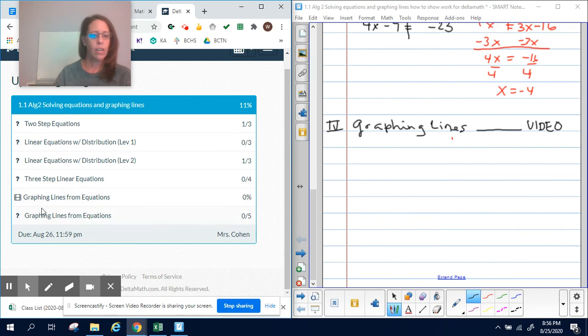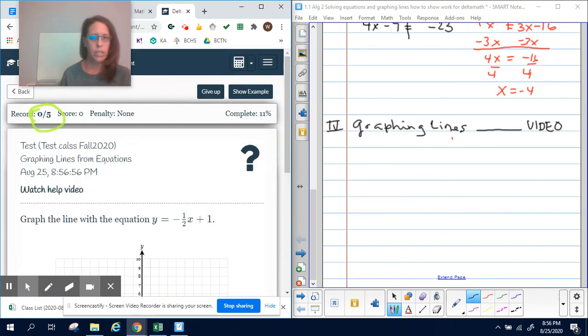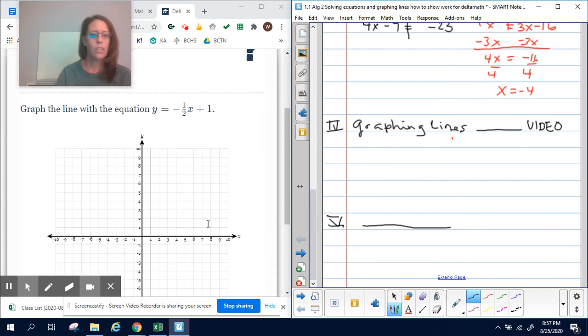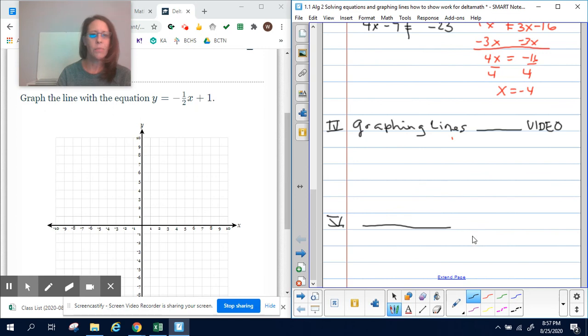Last thing I'm going to show you, this very last topic is going to be considered topic 5, so section 5, and put your title here. Graphing equations, if it's already y equals -1/2 x plus 1, you don't really need to write any steps out.